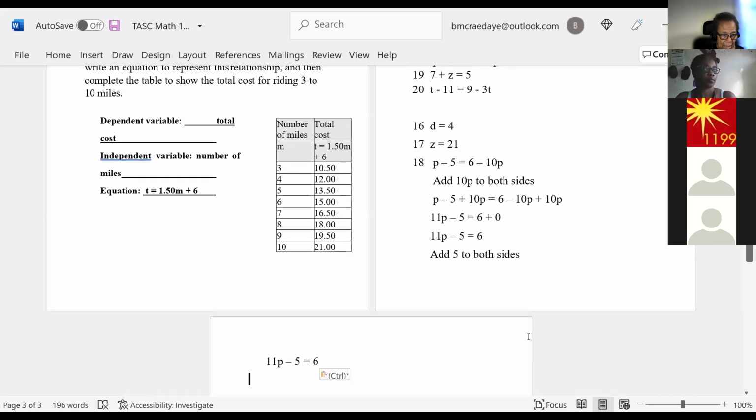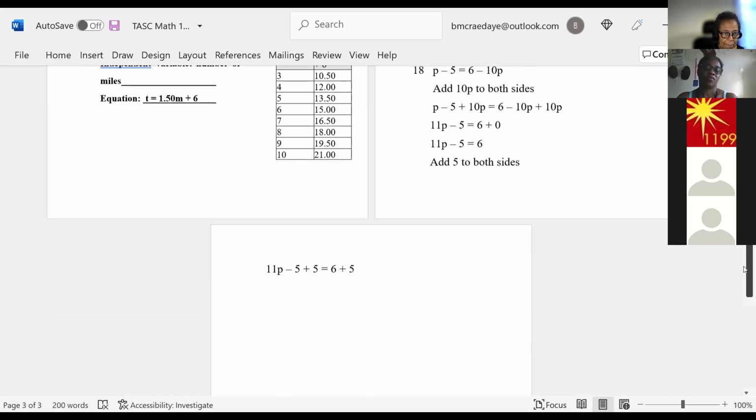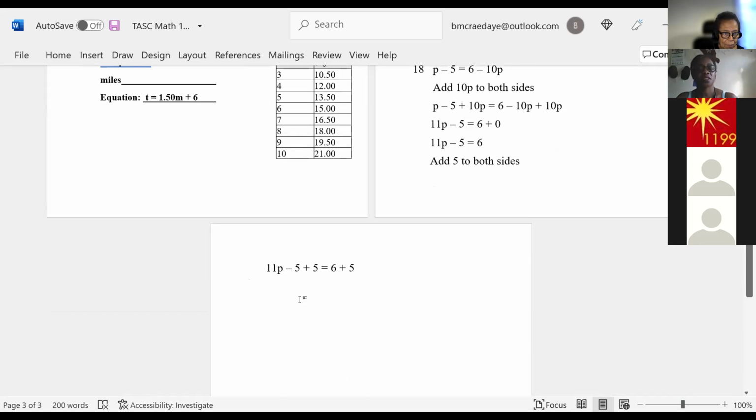Okay, and then add the 5 to both sides. So this means we'll add 5 on the left and 5 on the right. What is remaining on the left side, Vanessa? Minus 5 and plus 5 gives you 0.